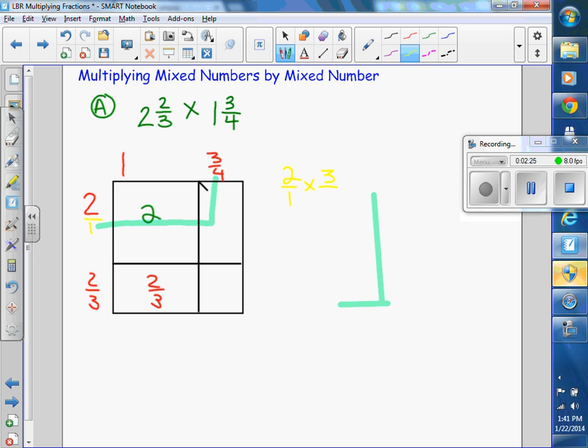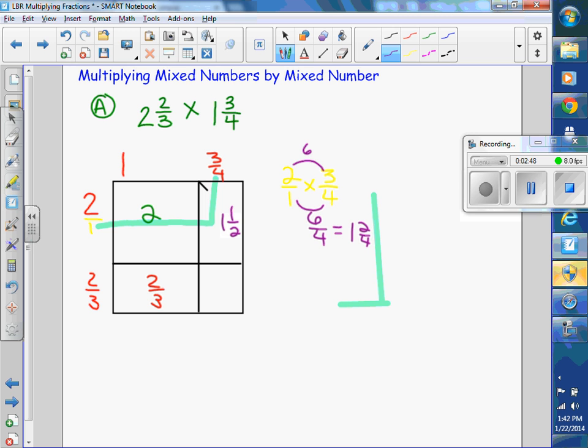You can use your mental math and do it. Julian, do you have an answer? Yeah. 6/4 is 1.5. Right, so it is 6/4. Because 2 times 3 is 6. 1 times 4 is 4. And that's the same as 1 2/4, or 1.5.